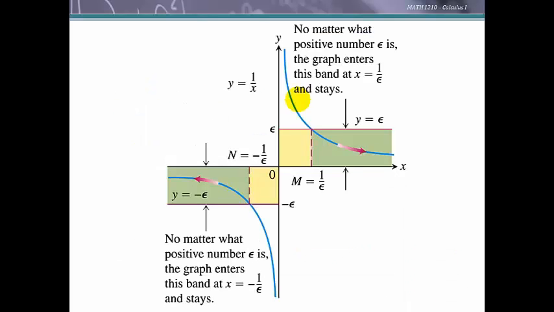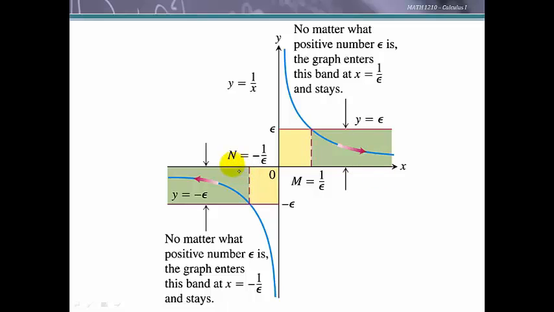Let's look at an example here. Graphically, our function is y equals 1 over x, and we could see that our M then depends on our epsilon, and as long as M was 1 over epsilon, or anything greater than that, we'd see that we would fall within epsilon of L. So our L in this particular case is 0, and so you can see this graphically, that as long as you pick any x value greater than M, you are within epsilon of 0.